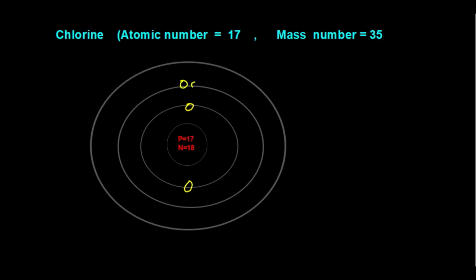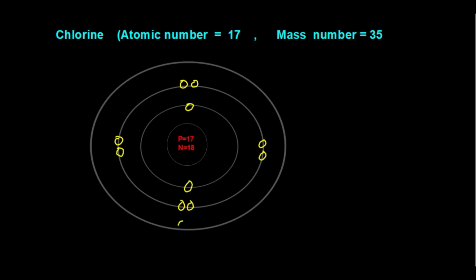1, 2, 3, 4, 5, 6, 7, 8. How many electrons are left? Yes, 7 electrons are left. These 7 electrons are present in the third energy level or the third shell.